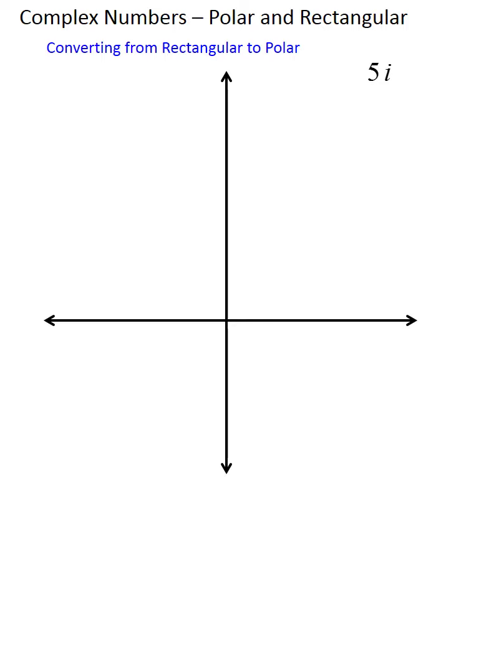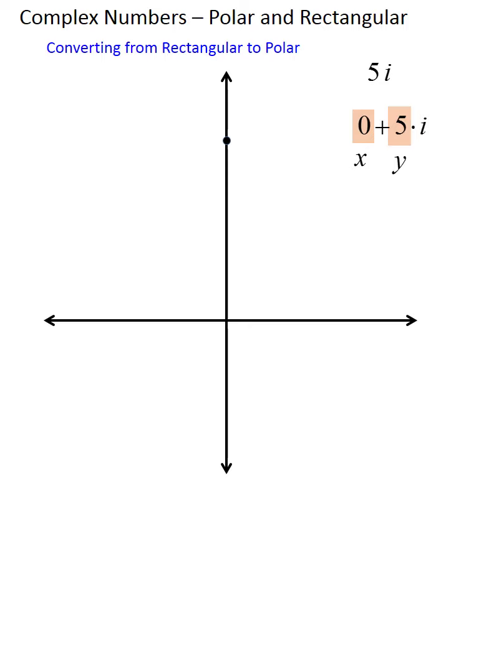One way to easily find 5i is to think of it as 0 plus 5i, just using a rule from kindergarten that 0 plus anything is itself. But thinking of it this way helps, because it reminds us what our x and y coordinates are of this point. So this point is effectively the point 0, 5.